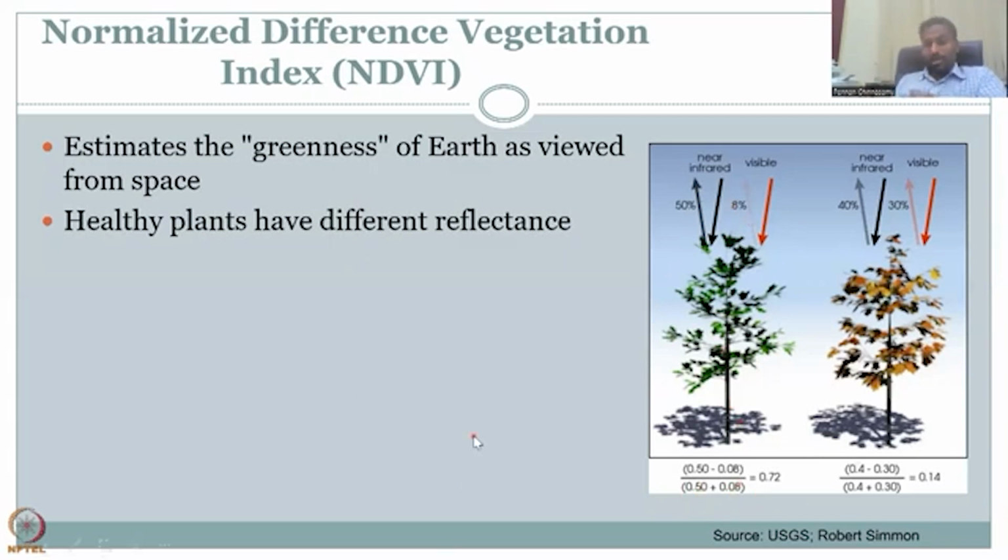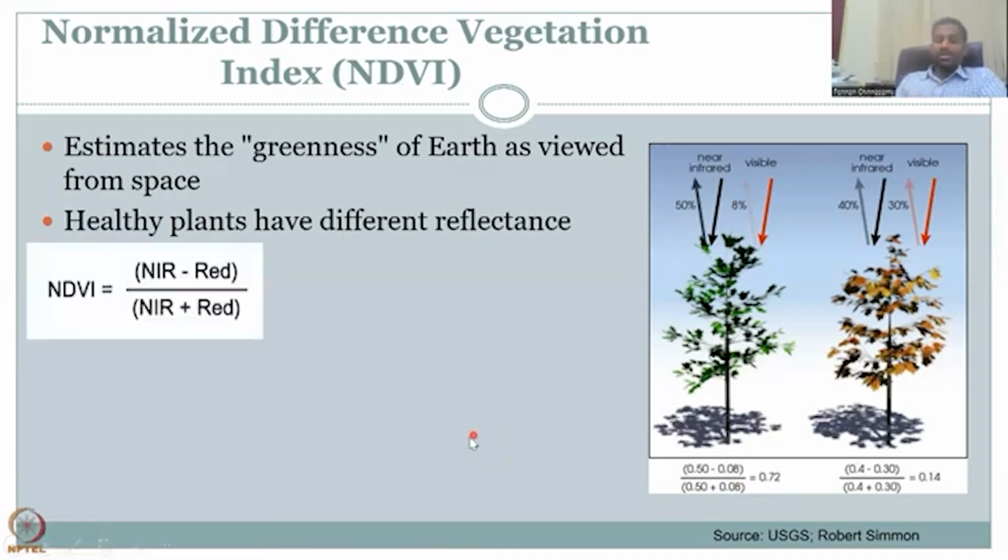So the equation is very simple. NDVI is near infrared minus red, divided by near infrared plus red. Since this plant reflects little red, as a lot of red is absorbed in the visible red, and then you have the near infrared, which is a particular wavelength that is highly reflected in the healthy plant compared to the non-healthy plant.